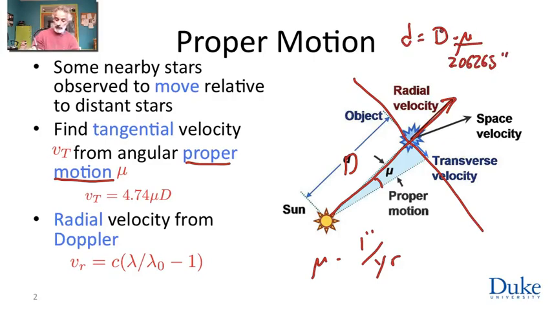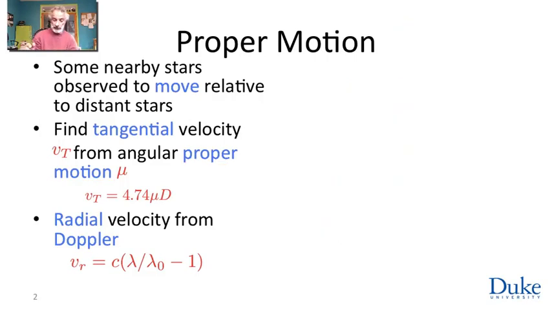D will be in whatever units you measure capital D, the distance to the star, if you write it this way. But since this is in arc seconds per year, I will get an answer for the velocity. This number is the distance the star travels in a year. That'll give me, say, parsecs per year as the units in which I measure the velocity. Typically, we measure velocity in a more convenient unit of kilometers per second.